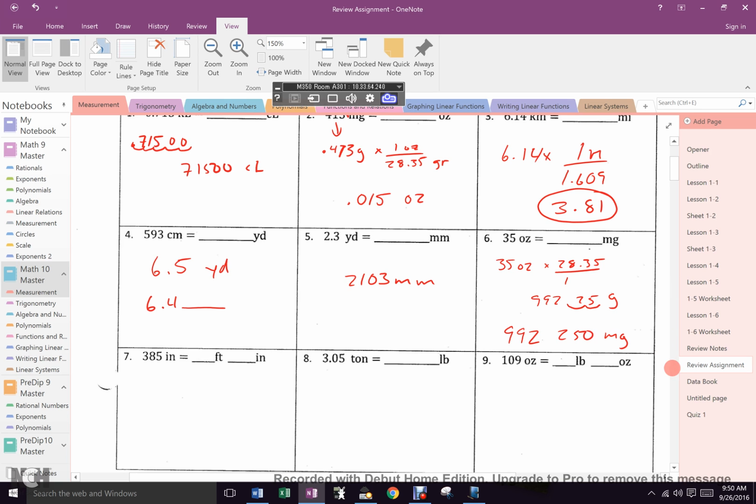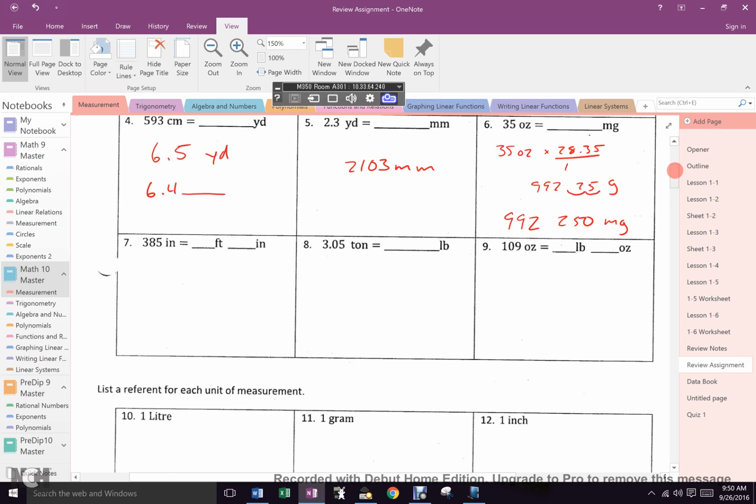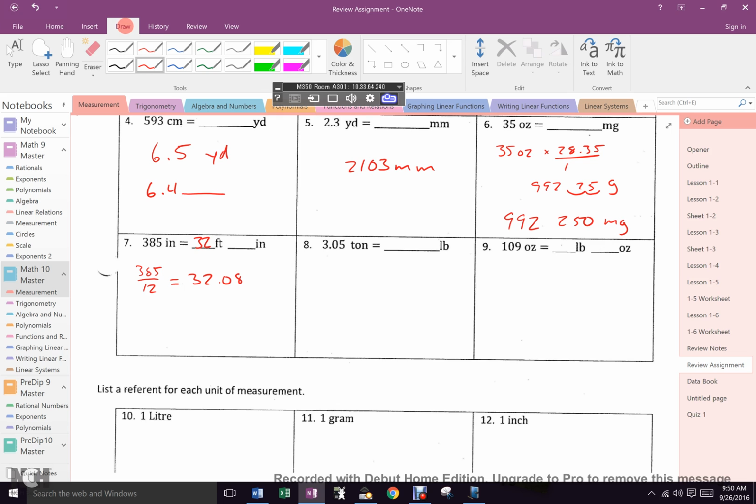Yeah? Okay. Now this one, there's a couple of ways you could do it. What I did was this. I did 385 divided by 12, and that got me 32.08. Blah, blah, blah. Right? So I knew it was 32 feet. Now, you can do one of two things here. You can either do 0.08 times 12 will get me my inches, right?